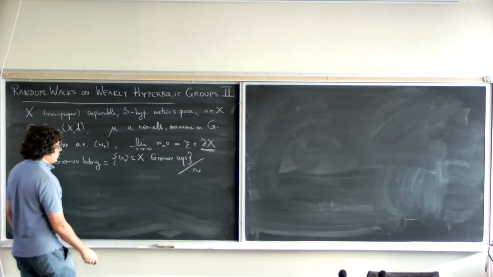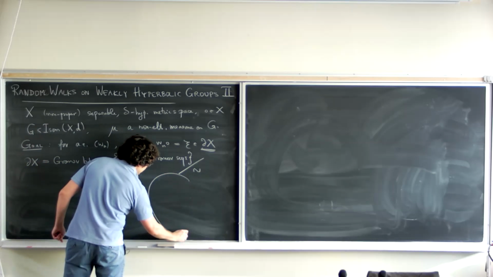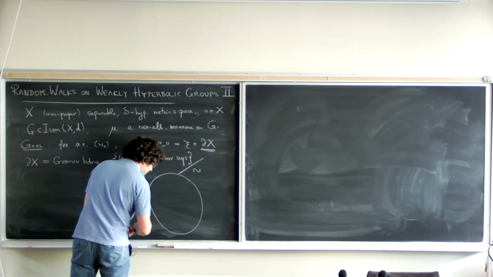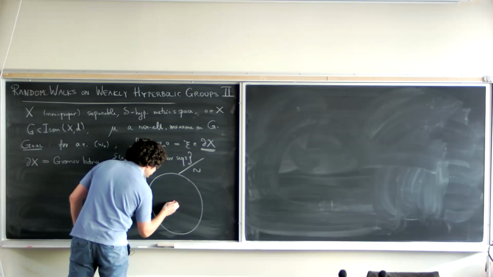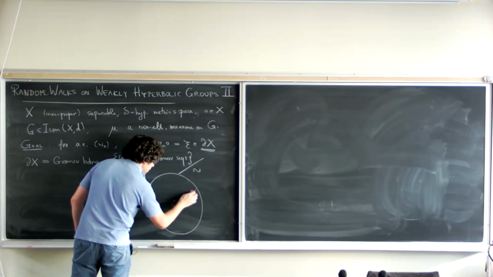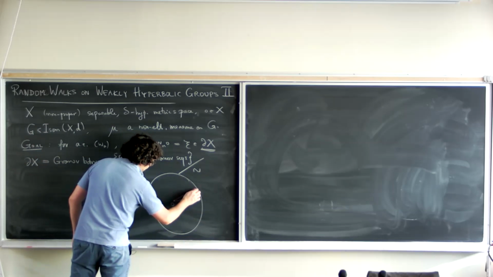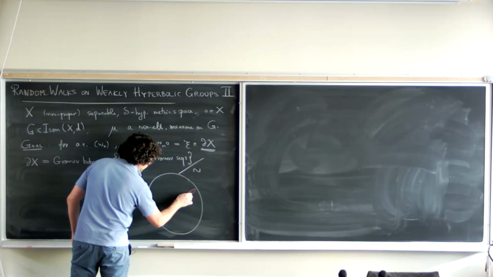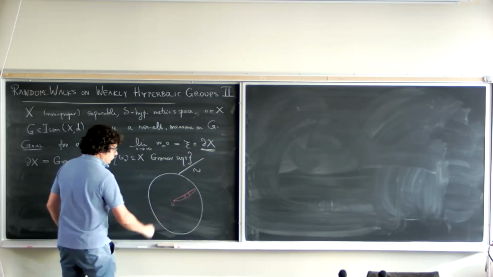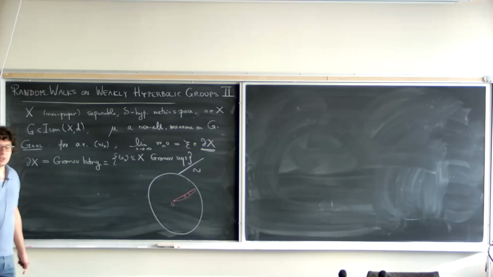But of course, the intuition is still what we said at the beginning, that we start with O and we look at geodesic rays, and we identify two rays when they are at bounded distance from each other forever.